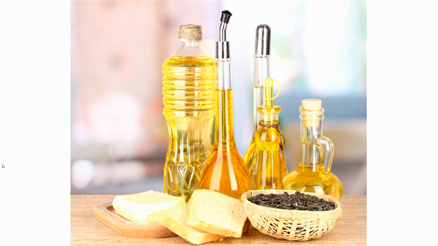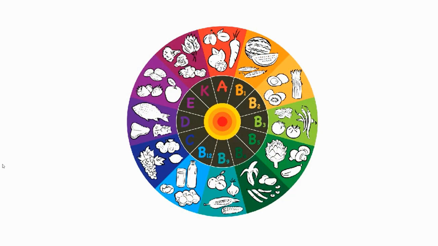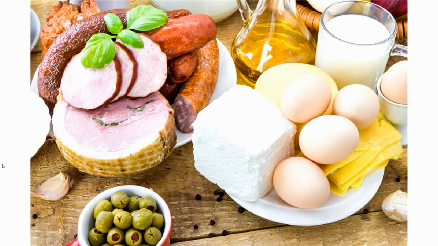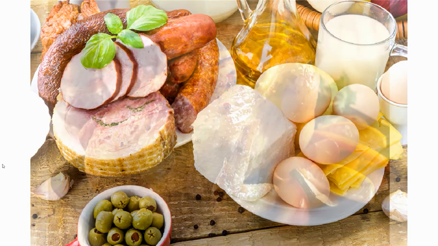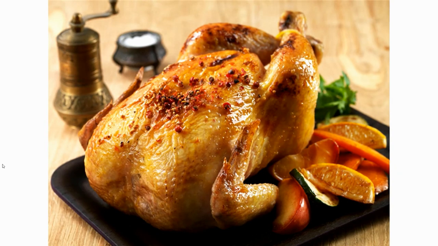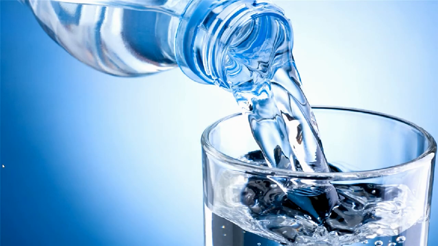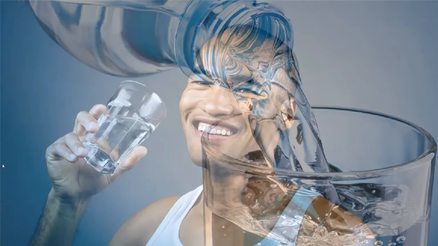Fat includes unsaturated and saturated fats. Vitamins are either water-soluble or fat-soluble. Amino acids are the building blocks of proteins. Complete proteins contain all the 9 essential amino acids. Water is also a vital nutrient for the human body. A person needs at least 8 cups daily to prevent dehydration or thirst.